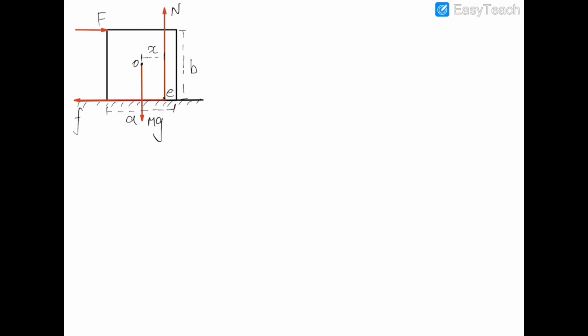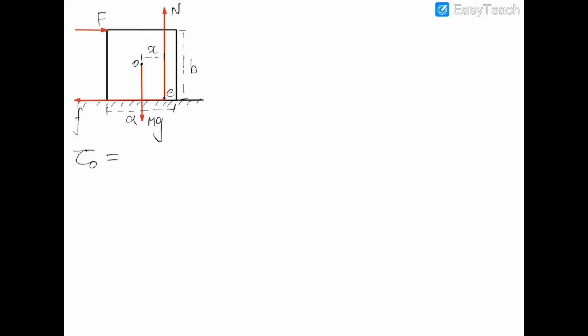In fact, it has shifted by a distance x which is less than a by 2, which means that this block will not topple, because till this time also normal reaction has sufficiently enough margin to prevent the block from toppling. So we can say that if normal reaction is not shifted on the edge, then this block will not topple. So if we write down the torque about any point, let's suppose about O.